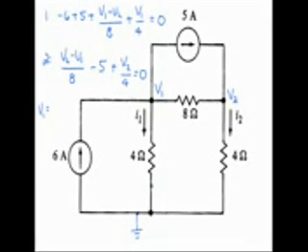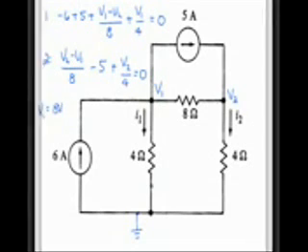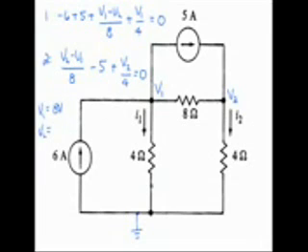Now if you solve the pair of equations for V1 and V2 by whatever means is convenient, you should end up with V1 being 8 volts and V2 being 16 volts. I'll go ahead and mark that over here. So now to find the desired currents, on this side we have I1 is 8 volts on one side, 0 volts on the other, divided by 4.